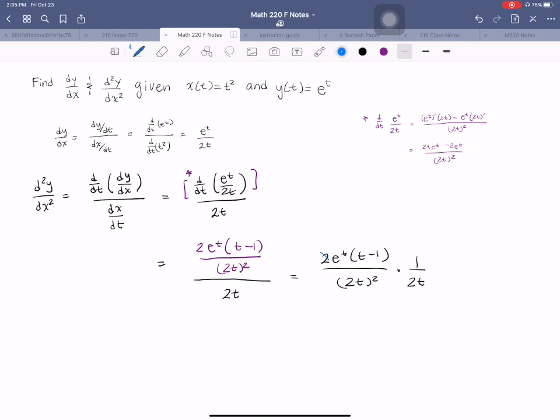I have matching factors in the numerator and denominator. So finally, I end up with the second derivative of this parametrically defined curve is e to the t times t minus 1 divided by 4t cubed.